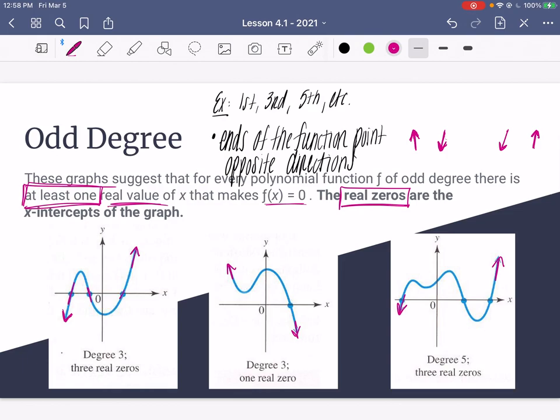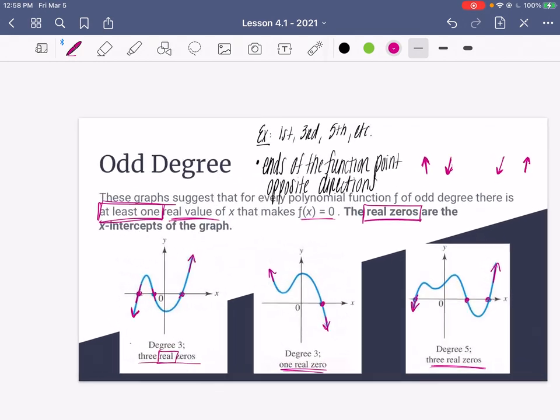Like here, it crosses 3 times, so you have 3 real zeros. We call those real just because they're real numbers. They actually cross the x-axis there. They're not imaginary roots. Here's one real zero. It crosses once. And then here, again, this one has 3 real zeros. So odd degrees are always going to have at least one real zero.